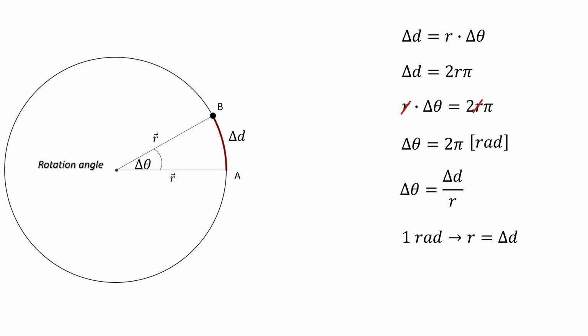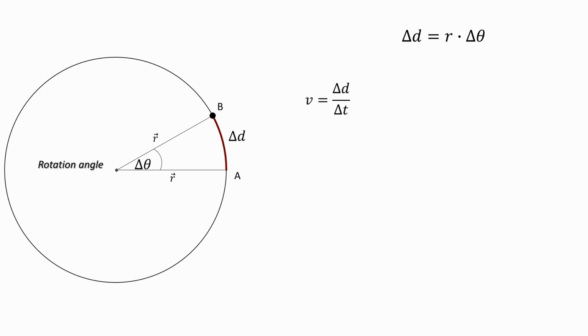Now let's define and express the other quantities of circular motion in a similar manner. The linear velocity is defined as the ratio of the distance traveled, delta d, to the time interval, delta t. By substituting delta d from the previous equation, v equals r times delta theta over delta t.